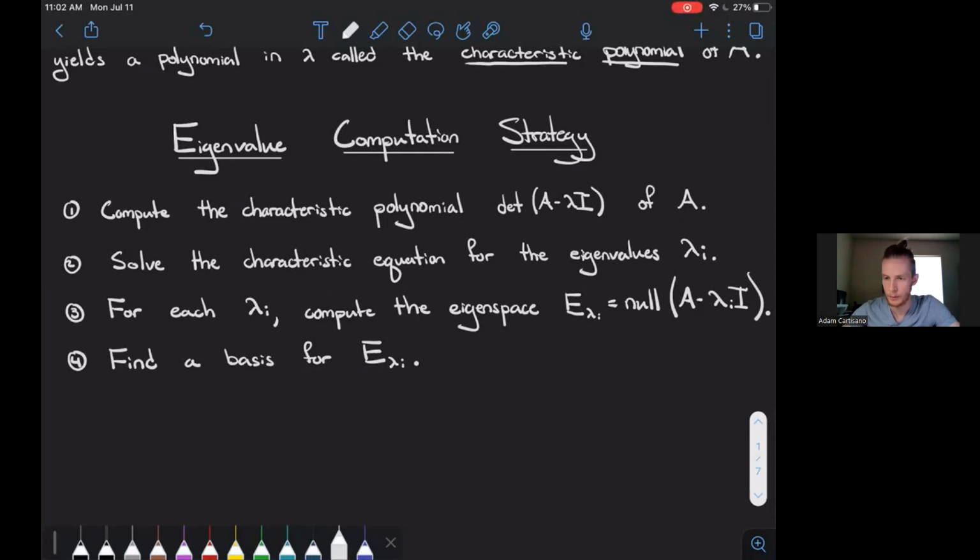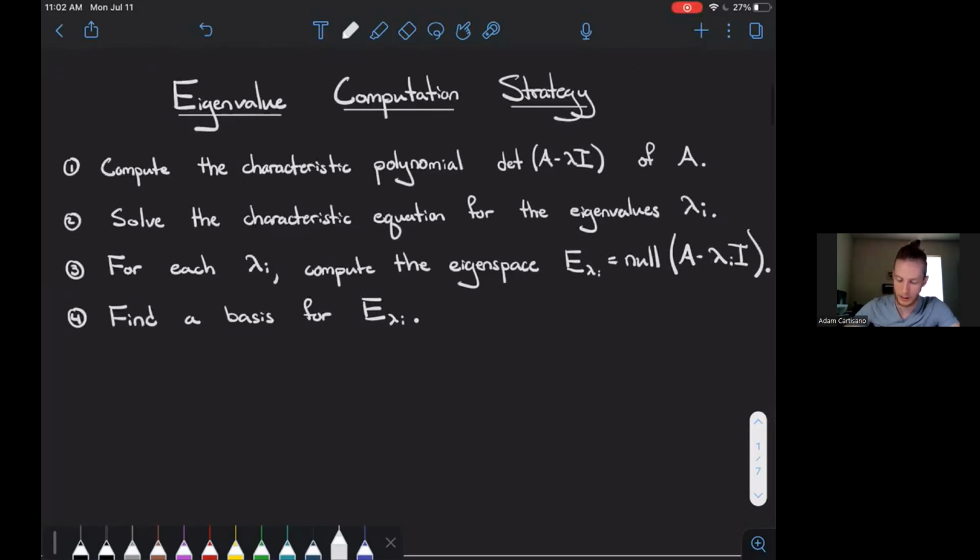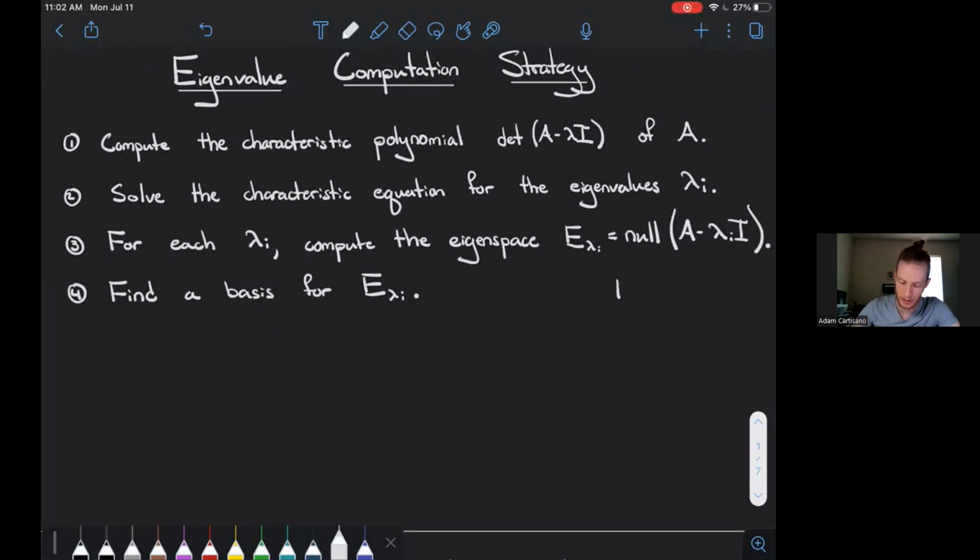These last two, steps 3 and 4, are going to be basically the same, and our final answer, when we compute the eigenspace, is going to look something like the span of v1, v2, something like this. These are going to be basis vectors.